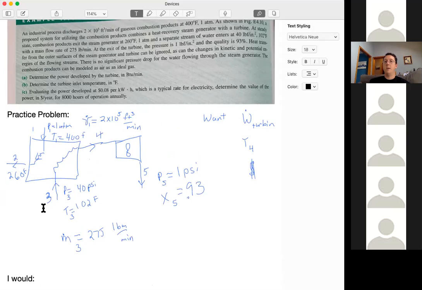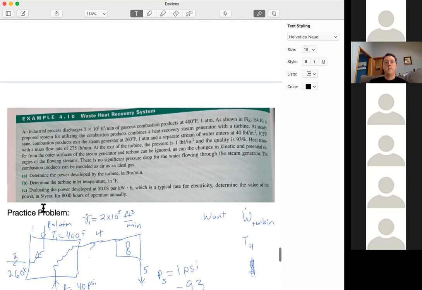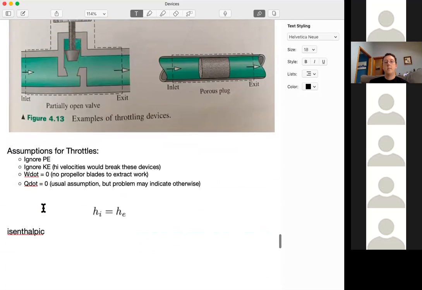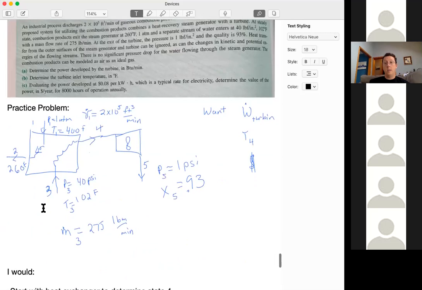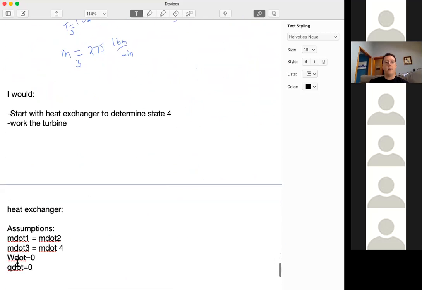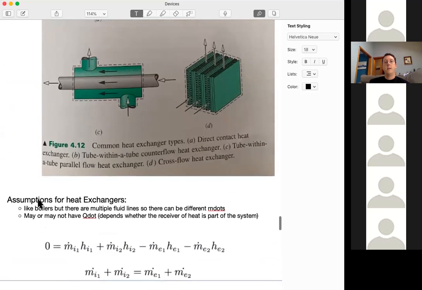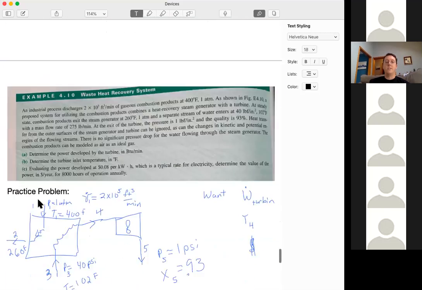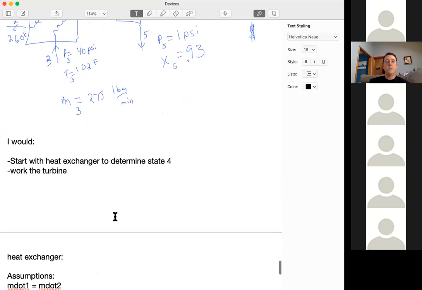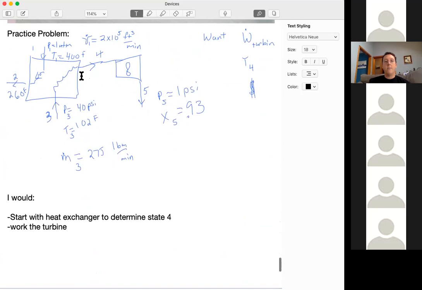What's another assumption I can make? Is it work is 0? That's true, but I've already said w dot is 0 here. There's another one: pressure is constant. Constant pressure, yeah. So I can assume that the pressure at 4 is the same as the pressure at 3.